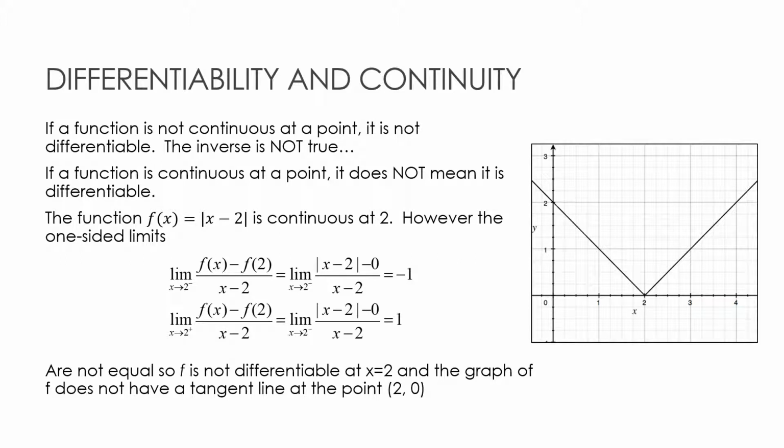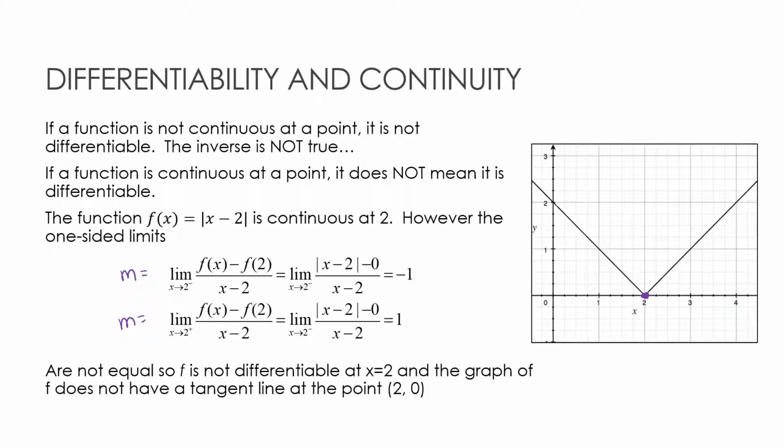Let's take a look at something where it is continuous but not differentiable. So here's a continuous function. As we can see, I have a y value for every x value in the domain. But if I look at the derivative, and remember the derivative is really just the slope of the line, let's look at the point 2.